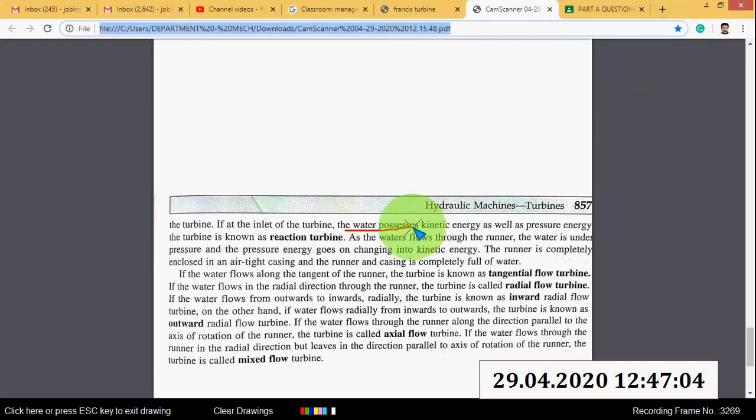And what do you mean by a radial flow turbine? If the water flows in the radial direction through the runner, the turbine is called a radial flow turbine. So that is the difference between reaction turbine, impulse turbine and radial flow turbine.